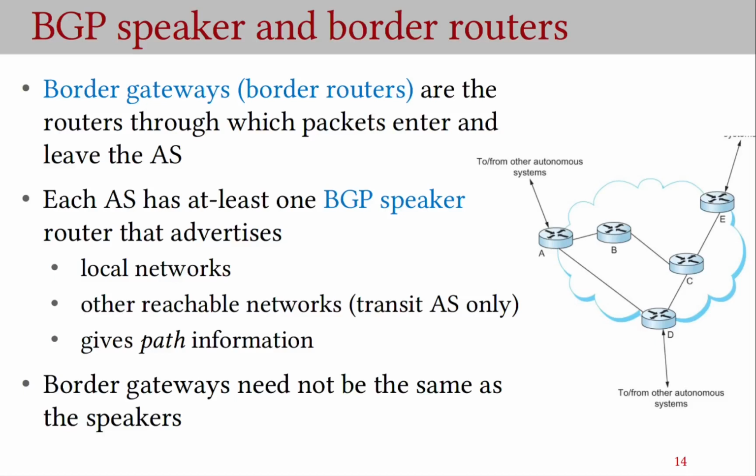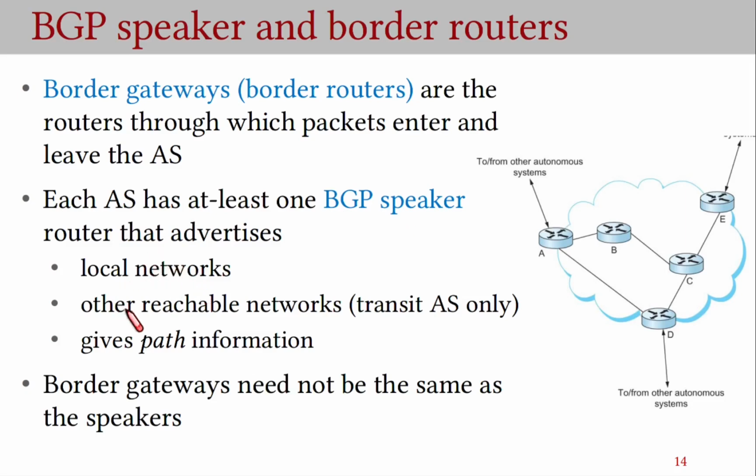Now we are going to discuss the basics of Border Gateway Protocol. Every autonomous system has one or more routers through which traffic enters or leaves the autonomous system. These routers are called border gateways or border routers. Then each autonomous system has one or more BGP speaker routers, and these are the routers that advertise local networks.